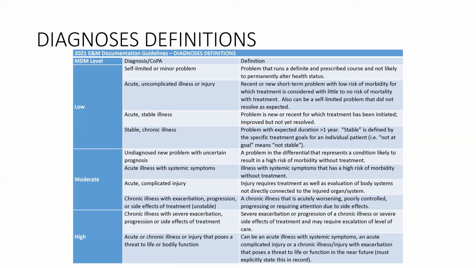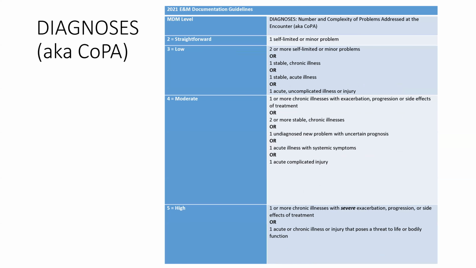How would you ever get that out of the document? Some of their definitions don't exactly fit well, unless you explicitly remembered to call it these things. I don't know how a coder would ever figure out the difference. Luckily, acute stable and acute uncomplicated are in the same category.